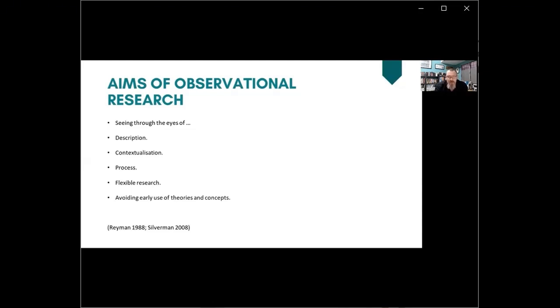And that leads into number 6, avoiding the early use of theories and concepts. So it rejects our premature attempts to impose theories and concepts, which may fit poorly in terms of our participants' perspectives. So it has value there.